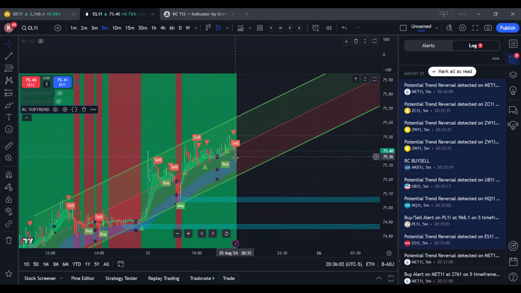That means it may come a little bit down, again go up. When you have red background and you get a sell signal, and this cloud also turns to red, that is the best time to go short.